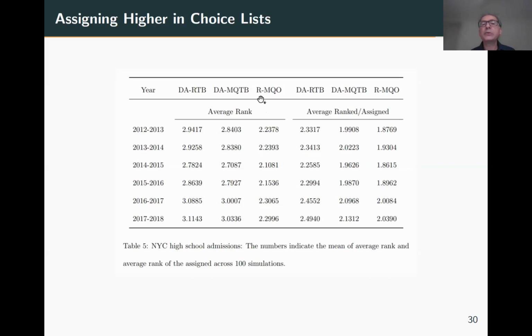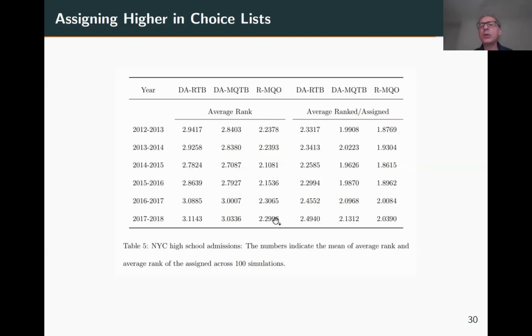When we do match quality optimization on top of deferred acceptance with random tie breaking, we actually get a pretty good improvement. It's about 0.7, close to about 1 higher choice.